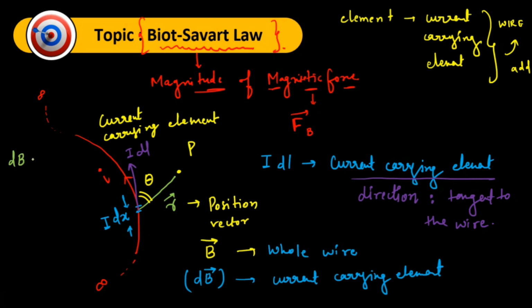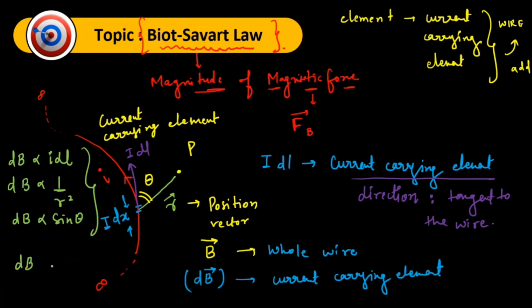that dB is directly proportional to that current carrying element IDL. That dB is inversely proportional to the square of the distance between the point and the current carrying element. And that magnetic field is directly proportional to the sine of the angle theta between the current carrying element and the position vector. So when we combine all three, we get that the magnetic field due to this current carrying element is directly proportional to IDL sine theta by R square.